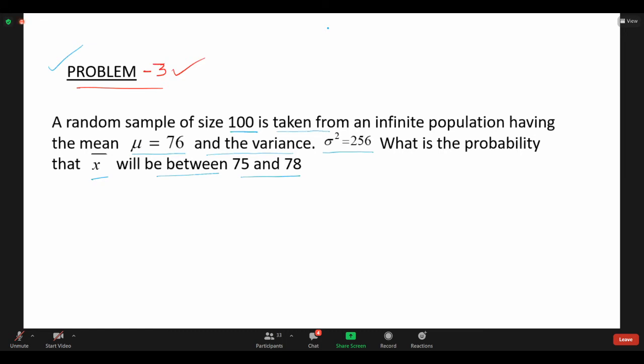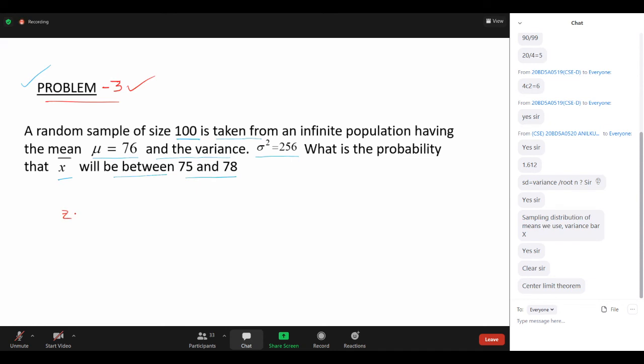First write down what the given data is. After that, we have to use the central limit theorem. We have to convert into a normal variate. Do you remember how to convert into a normal variate or normal variable?